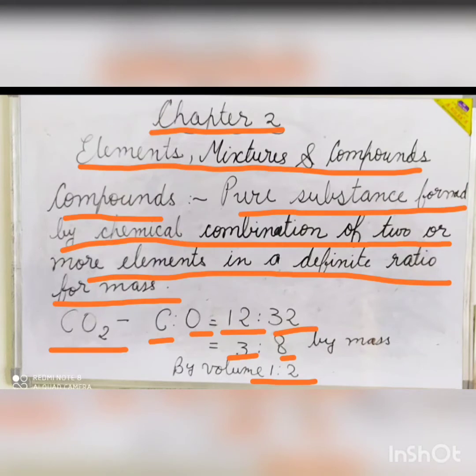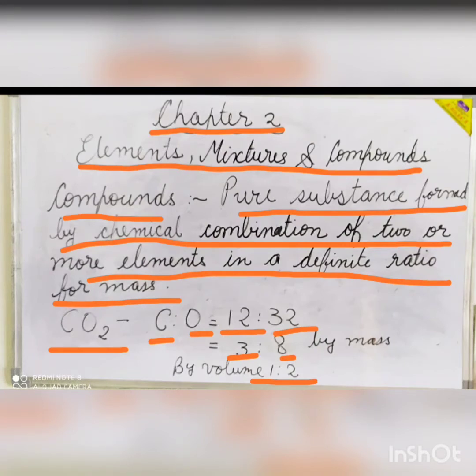In a compound, the original properties of the constituent elements are lost and the new substance which is formed has totally new properties. For example, water is a compound made up of two elements, hydrogen and oxygen. They chemically combine in the ratio 1:8 by mass.